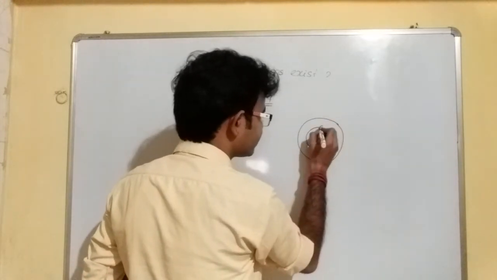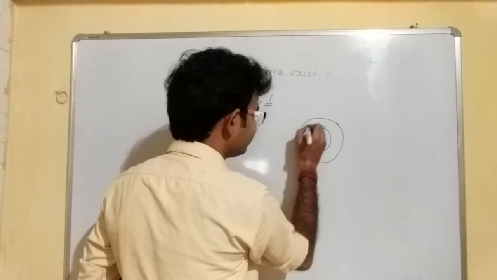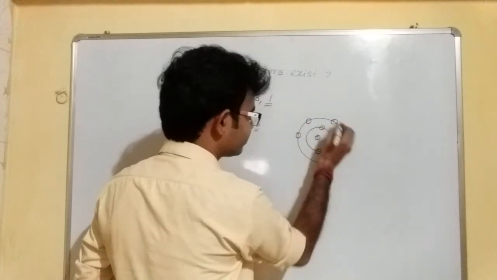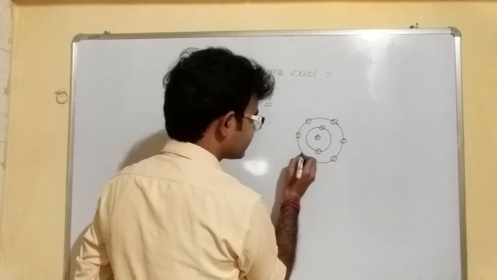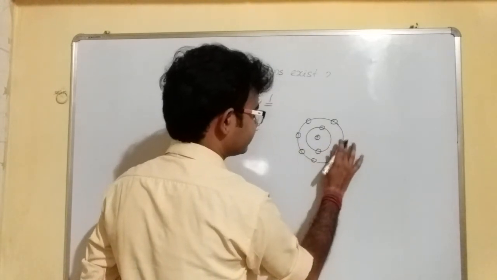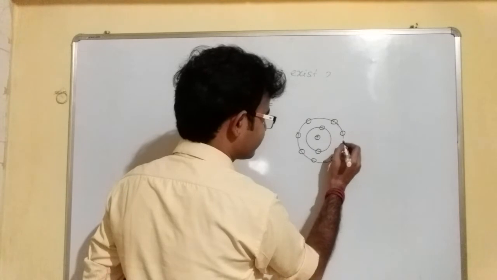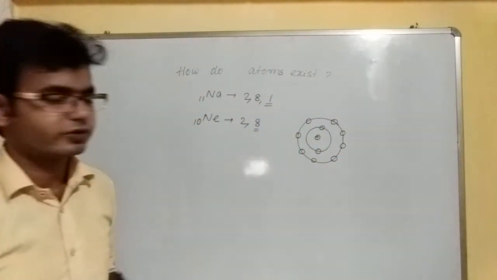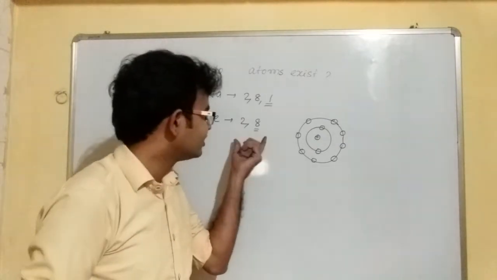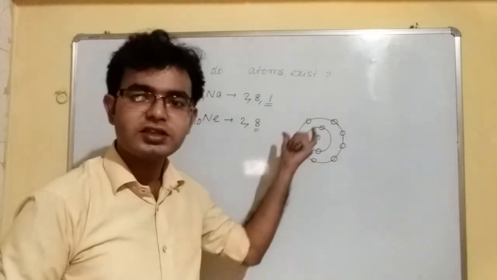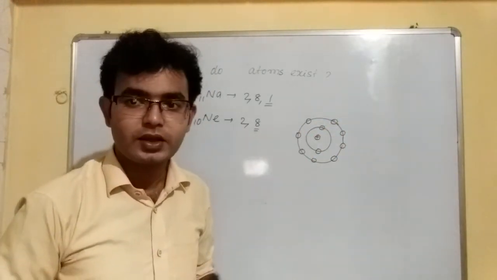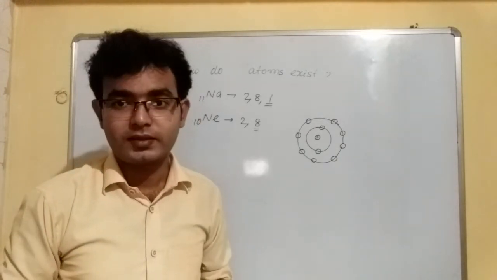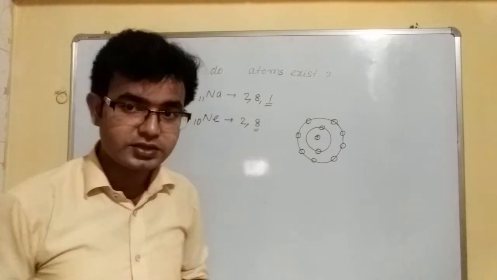The first shell contains 2 electrons. The second one contains 1, 2, 3, 4, 5, 6, 7, 8 electrons. So it can be observed that in case of neon, the last shell is filled by 8 electrons. So atoms whose last shell is filled, it is stable, and it is called noble gas.